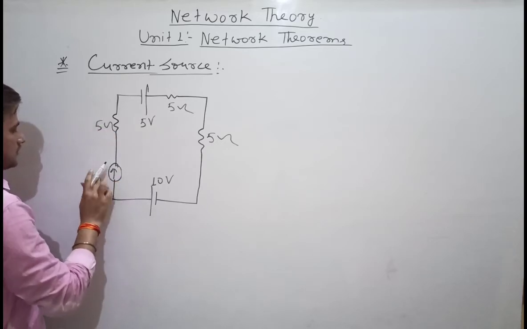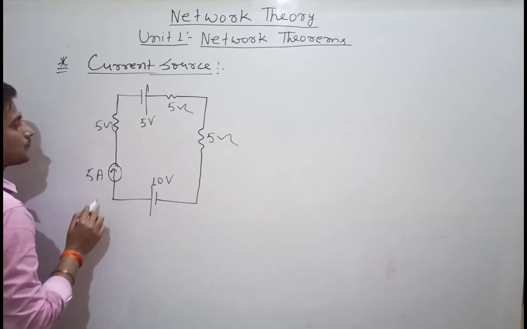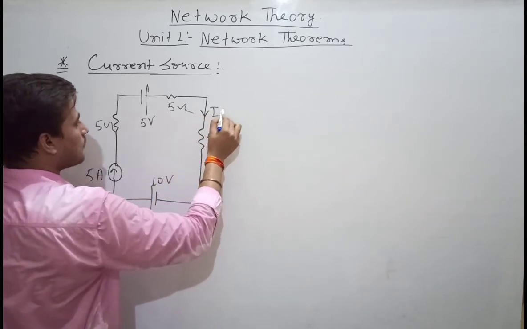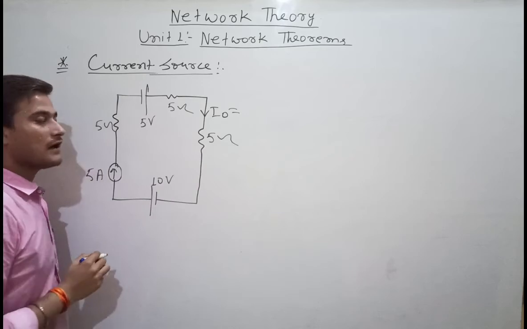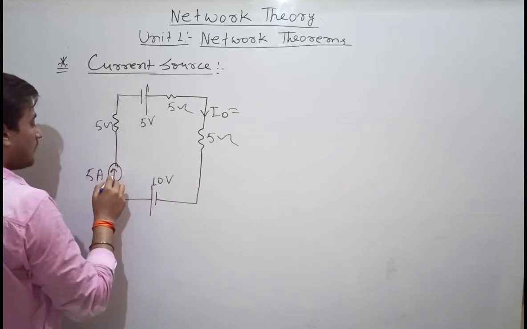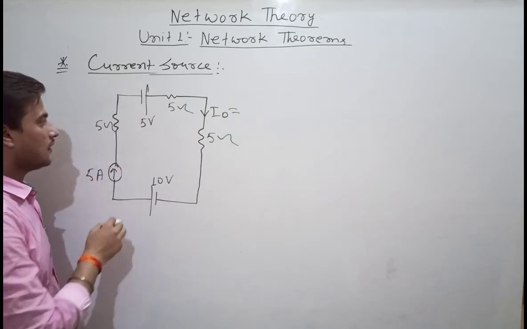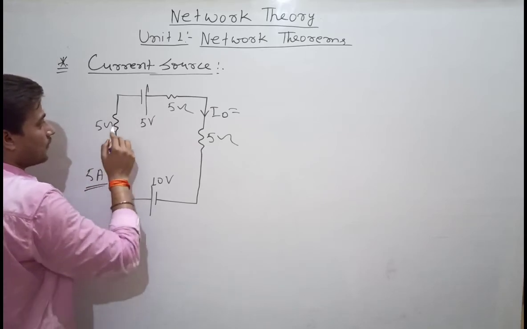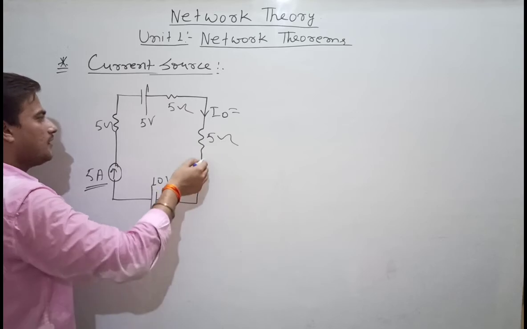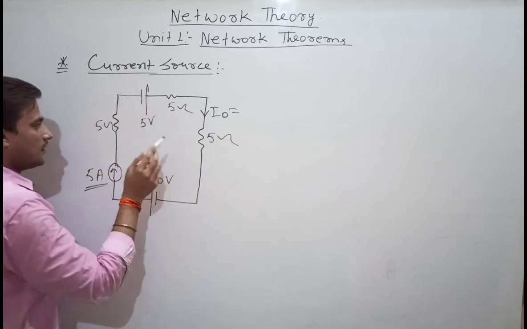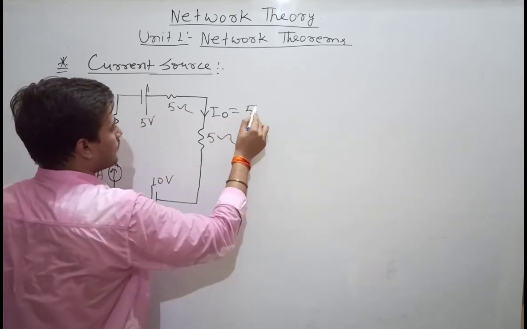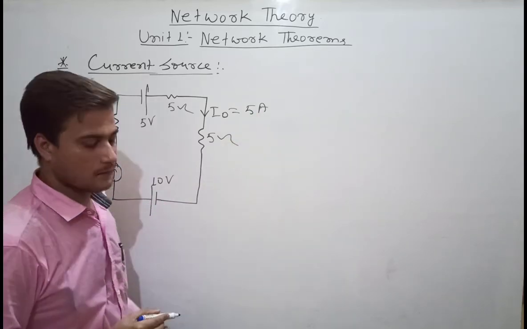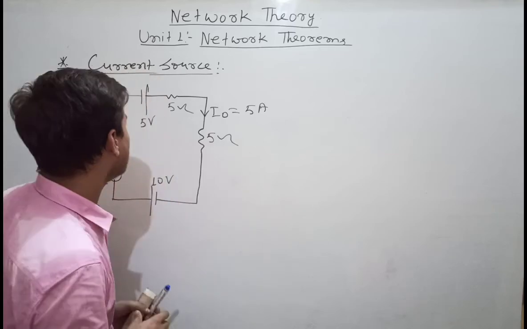This is 5 ampere. Somebody is asking you to find the value of I naught. See, there is one current source connected in this circuit. Its value is 5 ampere. So here, irrespective of any resistances or voltages, its value will be 5 ampere. Clear?